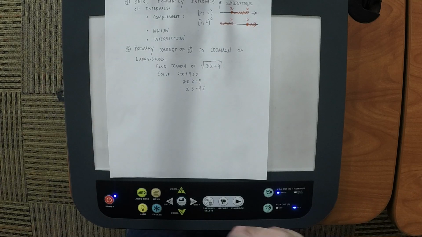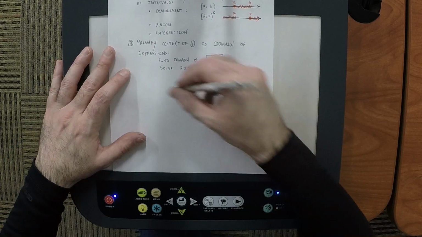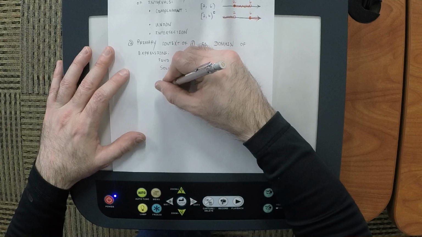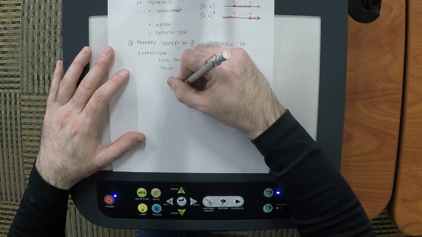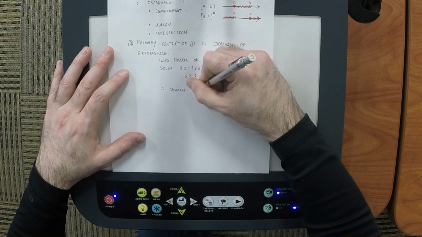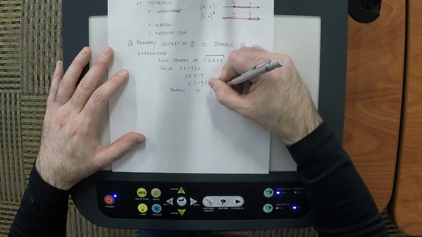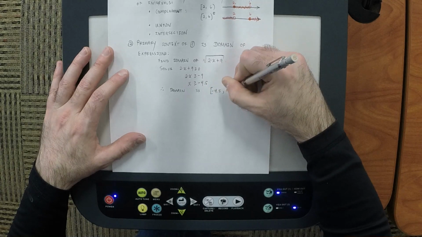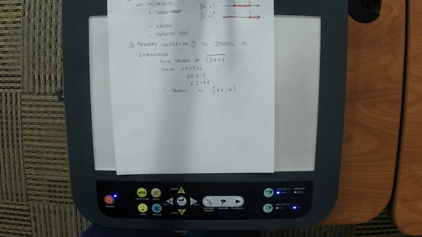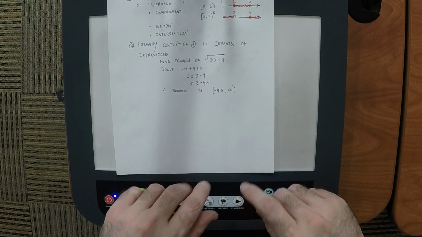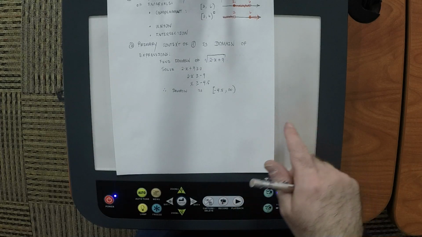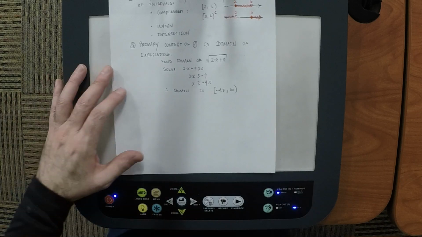As a result, we could say, therefore, the domain is -4.5 to infinity, something like that. And then we had other examples where the domain was the union of some intervals. So this interval, union that interval, and so on. Okay.